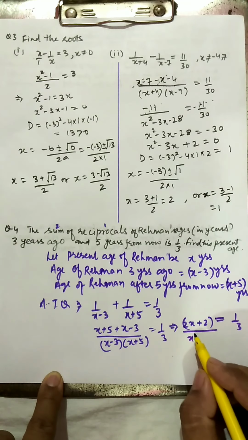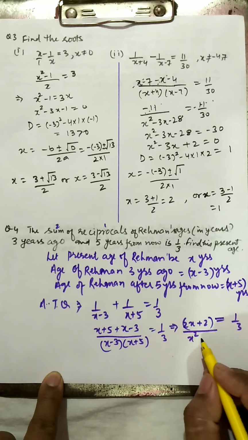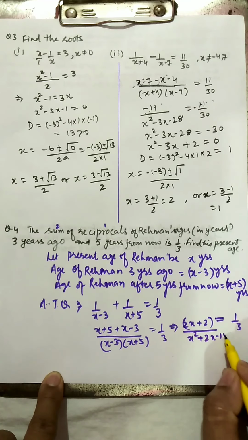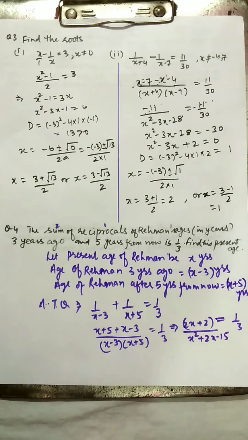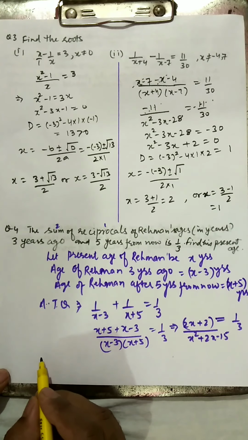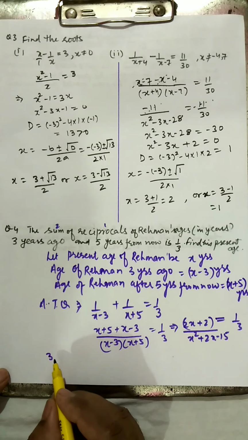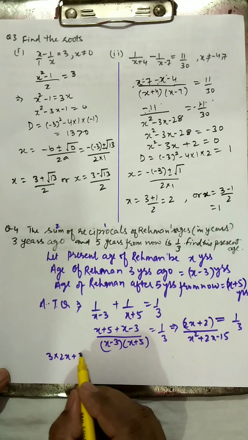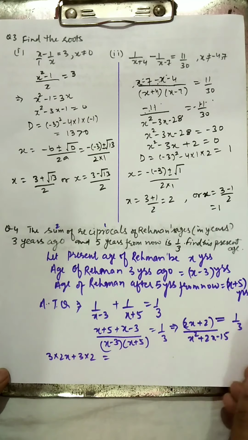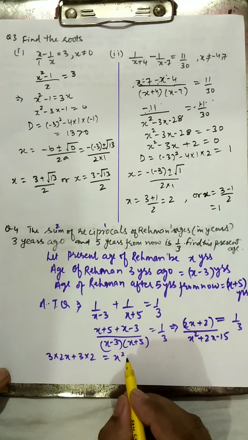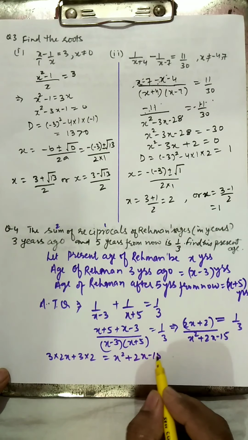This is x square and this is plus 2x and minus 15. So if I open this, this will become 3 into 2 x plus 3 into 2, and this side it will become x square plus 2x minus 15.